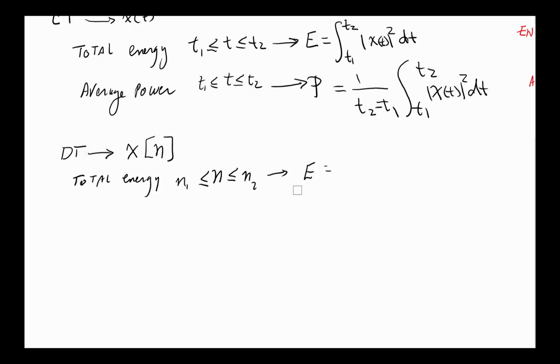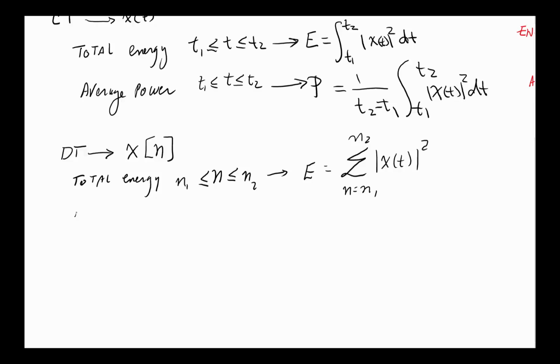We don't know what's between n equal 1 and n equal 2. So this turns into its counterpart, a summation, where n goes from n1 to n2, and again the power for n is calculated as magnitude of x of n squared.